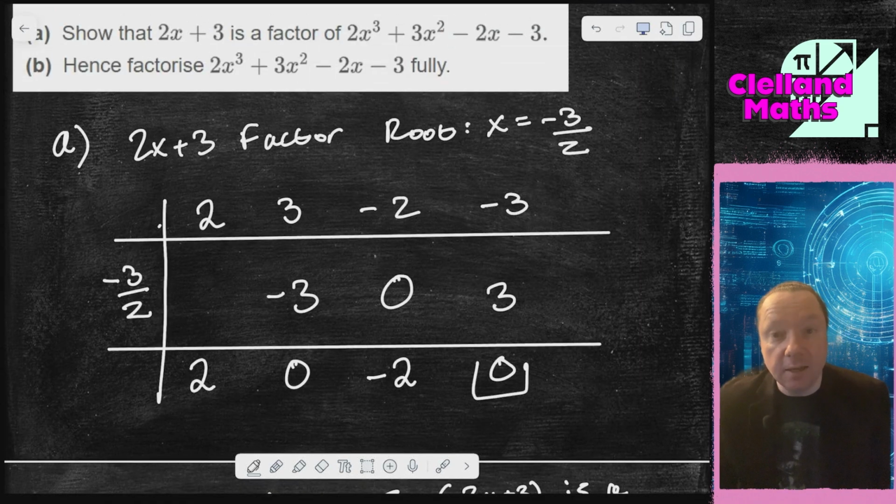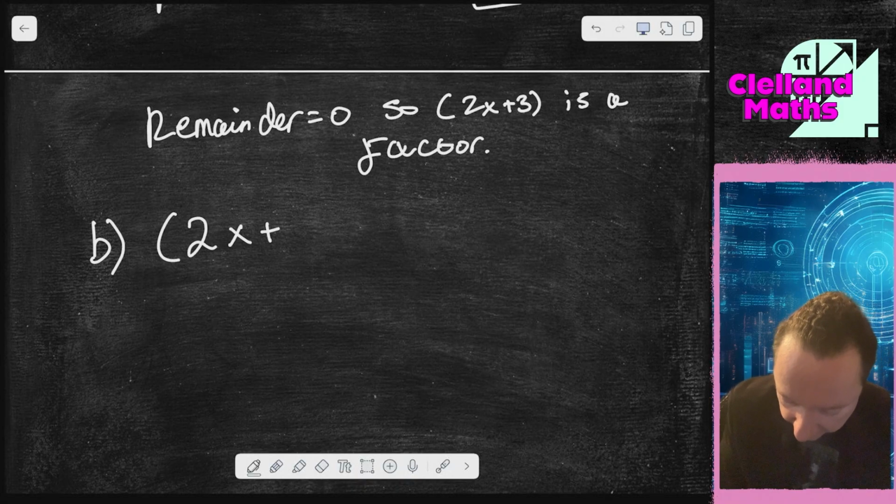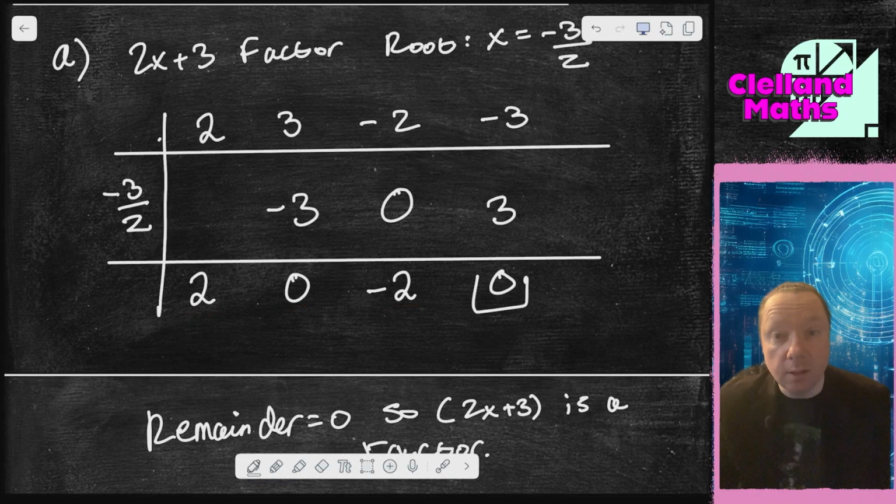Part B, factorise it fully. So let's jump into factorising. Well, we already know that 2x plus 3 is a factor, so I can just write that again. Make sure you don't forget that one. And to get your other one, it's underneath here. That goes down by 1 power, so it's 2x squared, 0x minus 2. 2x squared minus 2.